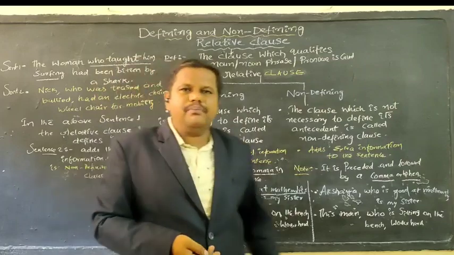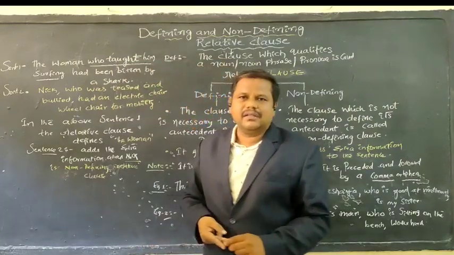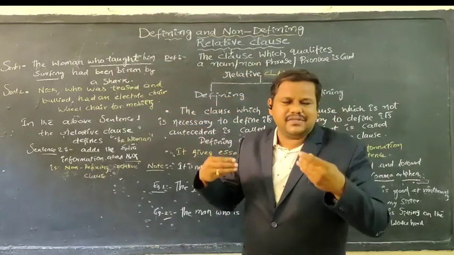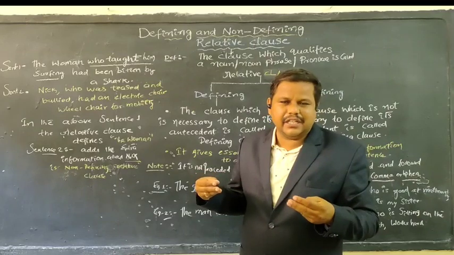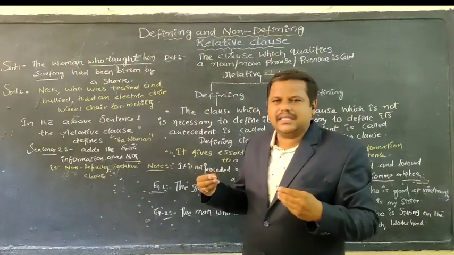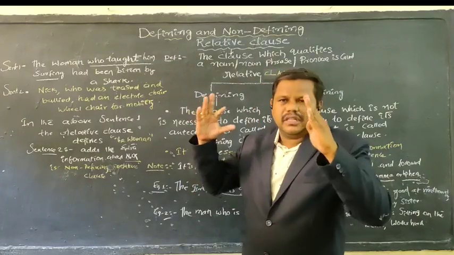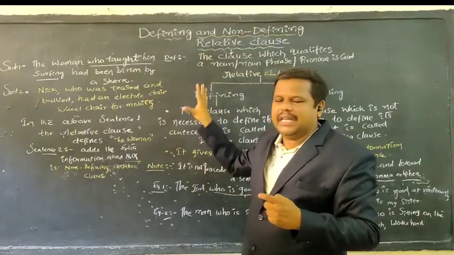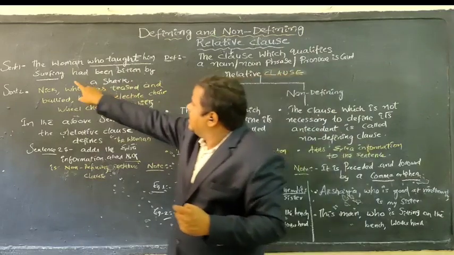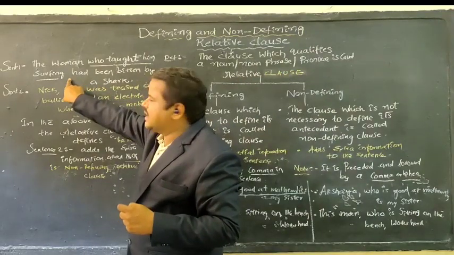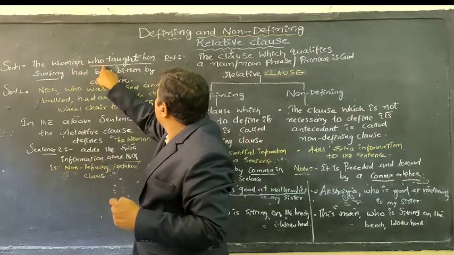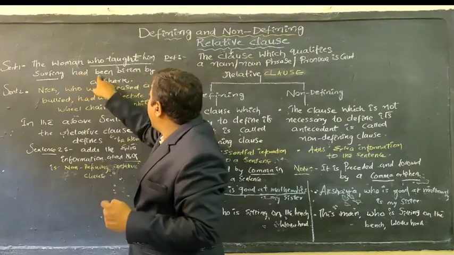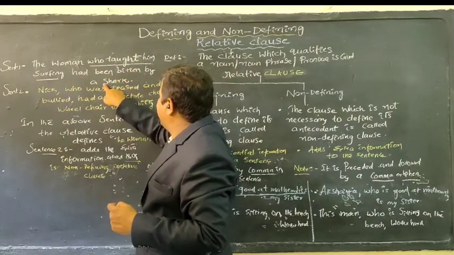Now we will see one more example from our unit in the 10th class, called Attitude is Altitude. There is an activity in the grammar session related to the defining and non-defining relative clause, given clearly with an example. See sentence 1: the woman who taught him surfing had been bitten by a shark.